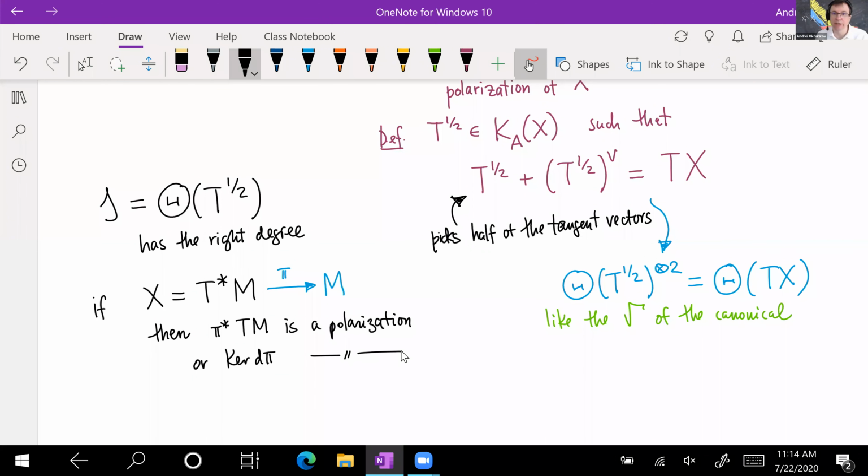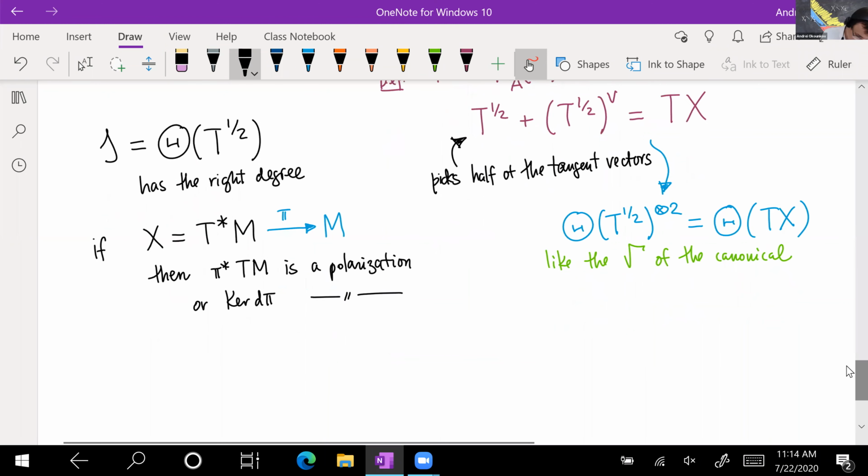You can check that if you want half of the tangent bundle to a cotangent bundle, you can put either the horizontal or the vertical one. And more generally, if X sits as an open set in the cotangent bundle stack, then the same applies.